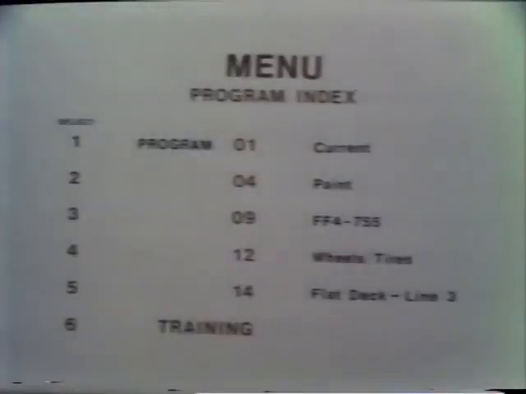Now we would like to simulate an exercise of seeking an illustration on the disc player. The operation number we are seeking is 190130. We press the menu button on the disc player. The particular operation we are seeking is in program 01, current. Therefore we press 1, which brings up the general index for program 1.